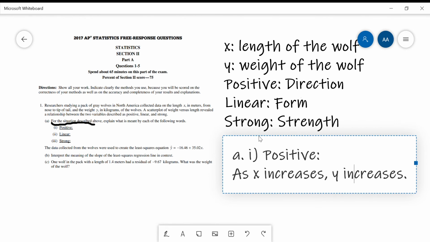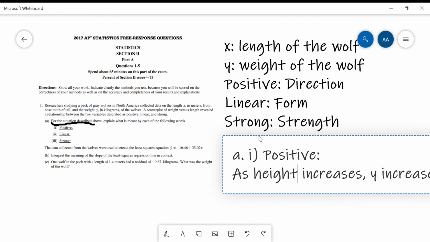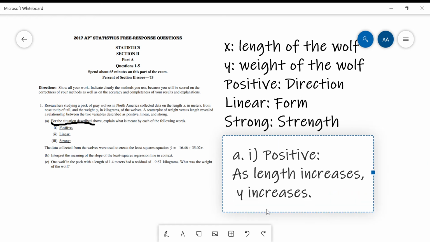Now, this is obviously out of context. You don't know that this is about length versus weight of wolves. So we would just replace what we had originally with x. We'd say height. Sorry, I am so sorry. Length. As length increases, I'm going to move this down here, weight increases.